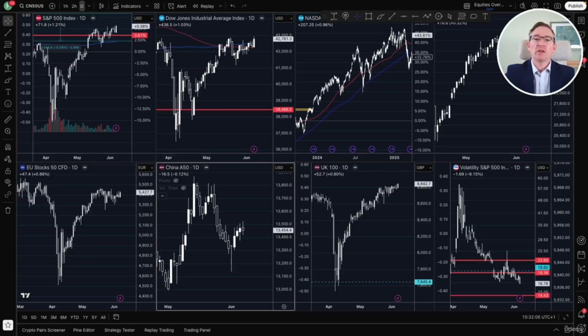Now, whether you're trading stocks, futures, options, or even FX, indices like the S&P 500, the Nasdaq, the Dow, Russell 2000, Euro stocks, FTSE 100, they all give you a visual assessment of whether you're on the right side of the market or not. It lets you know what that macro mood is over the whole world.